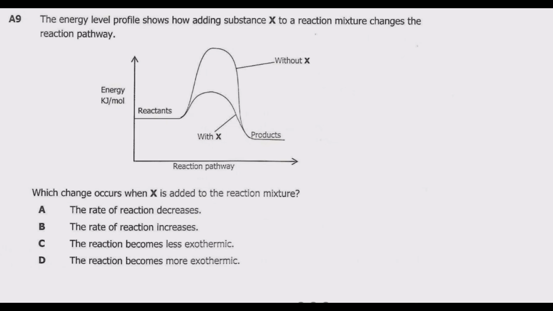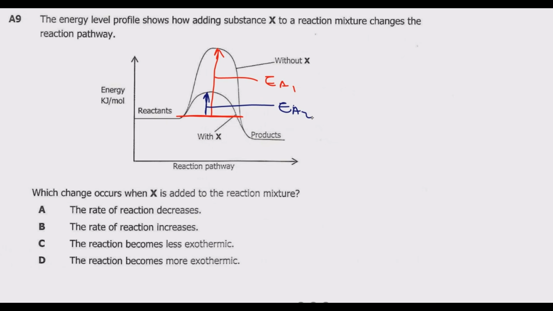So we have two activation energies. Let me just draw this line. So we are going to have this line here, the reactant. From here to the top, we have activation energy, which I'll call activation energy 1. Then also we are going to have this, which is activation energy 2.